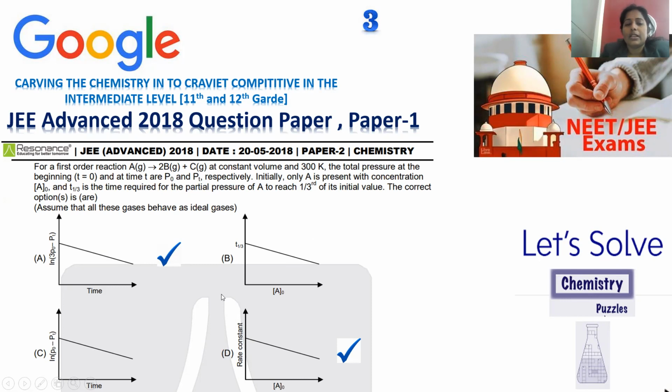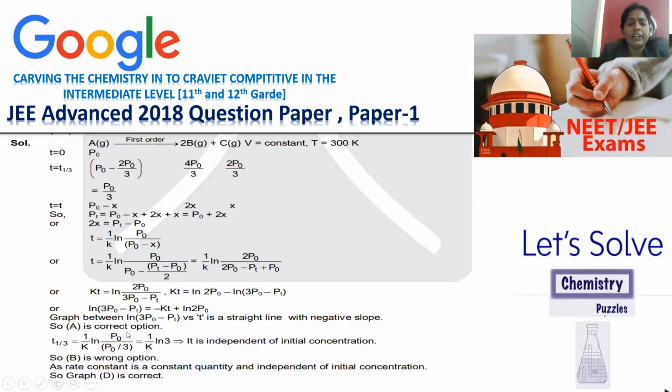Move on to B. Let's check about B. In order to calculate about B, so T1 by 3. T1 by 3 means reaction, sorry, time accomplished 75%. So for example, if the reaction is required to be completed in 1 hour, what I am saying, 75% completed in that.